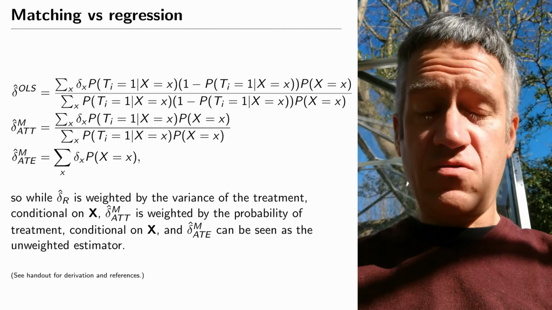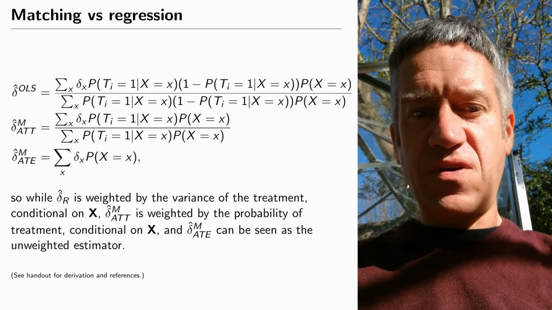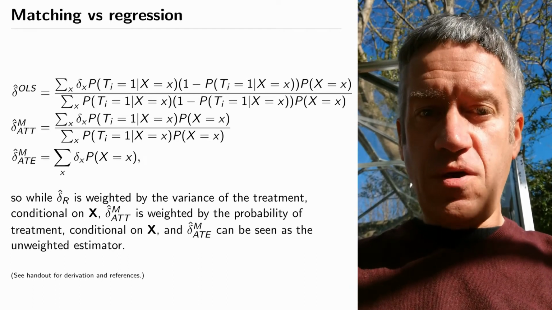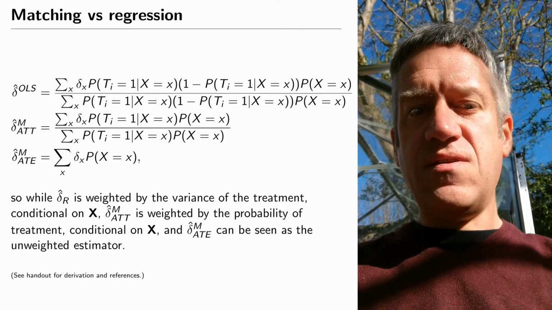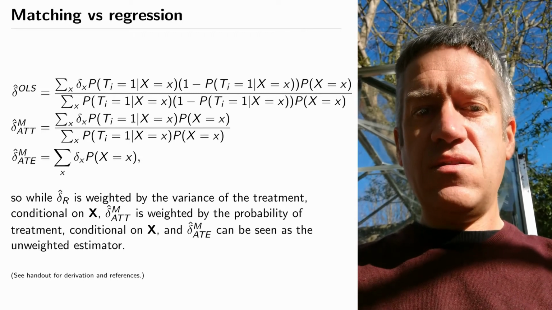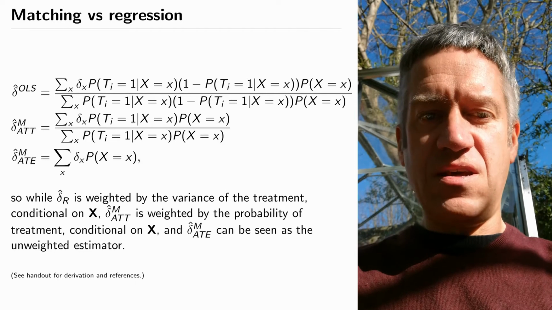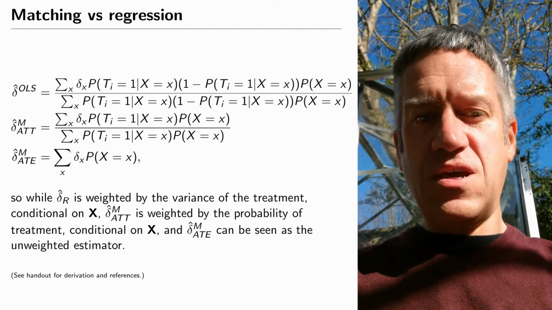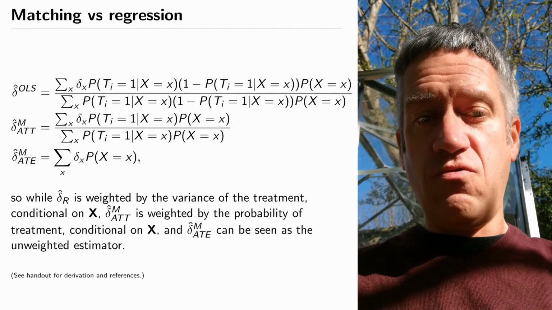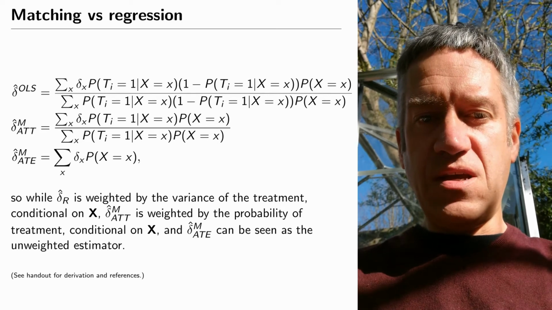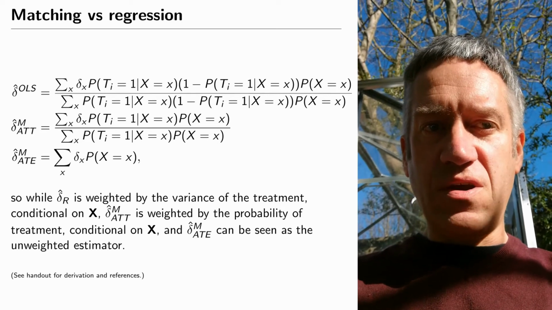OLS is also an average treatment effect, but it is weighted by the variance in the treatment. So for those substrata, those groups in X that have higher variation in the treatment, they weigh more heavily in estimating the average treatment effect than those categories in X where there's very low or no variation in the treatment, and they will weigh very little.